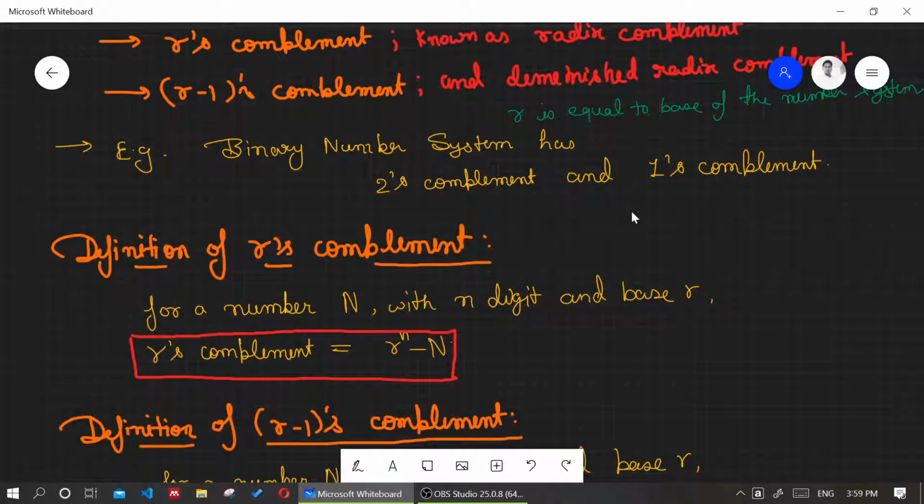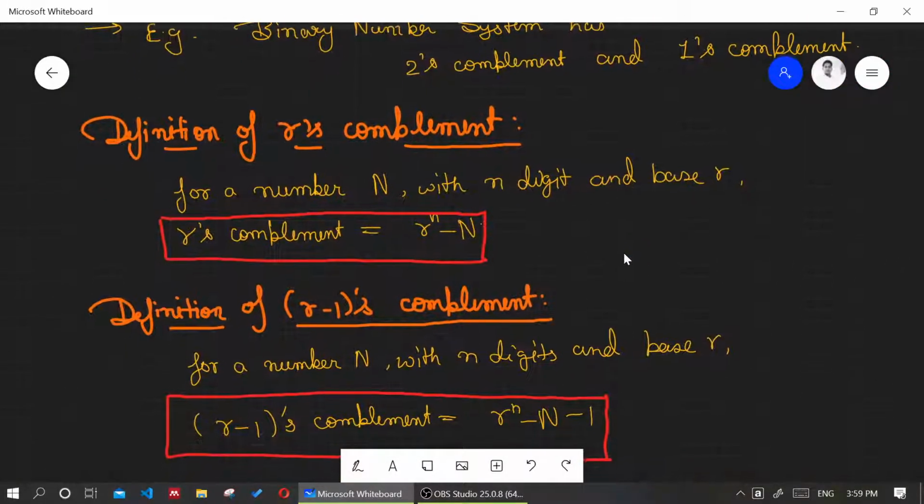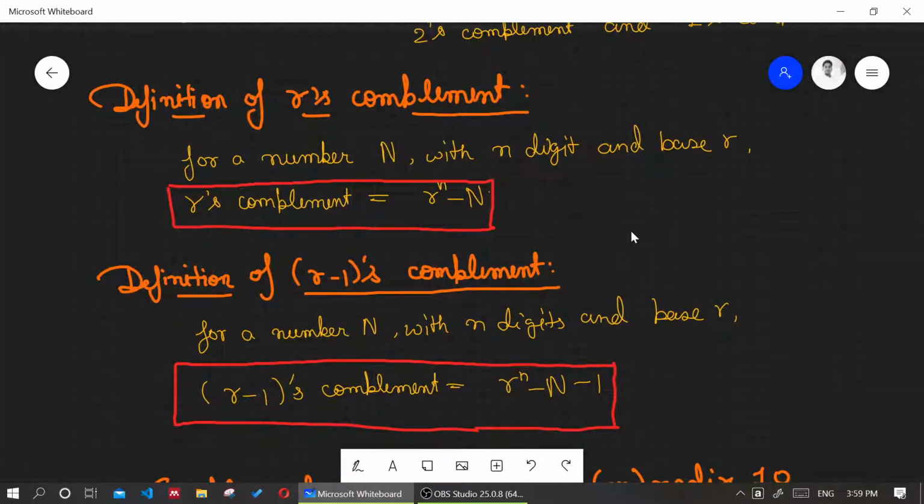Now let's see the definition of the complements. The r's complement is simply defined as r raised to the power n minus capital N. Suppose you want to find the complement of the number N, then you raise the base to the power n, where small n is the number of digits of that particular number, and then take the difference.